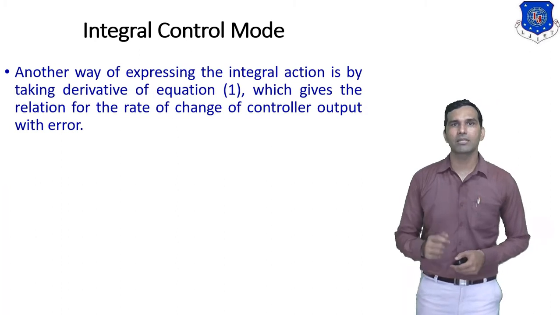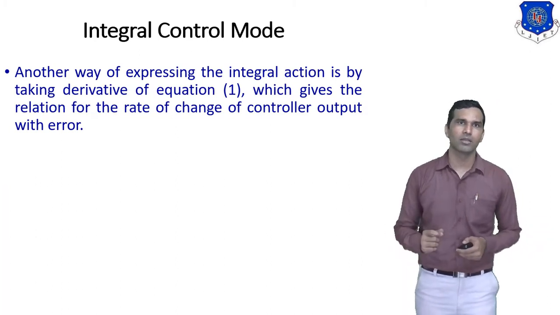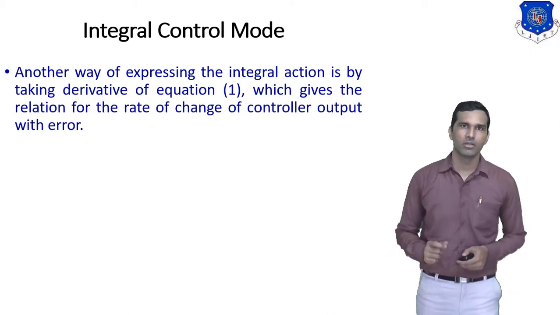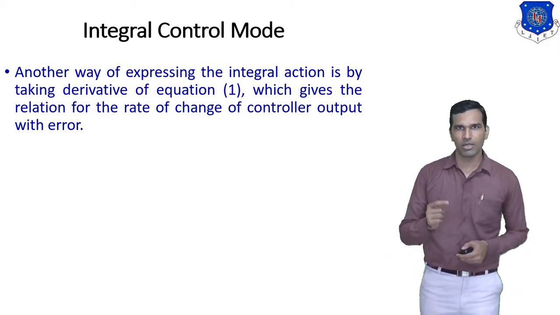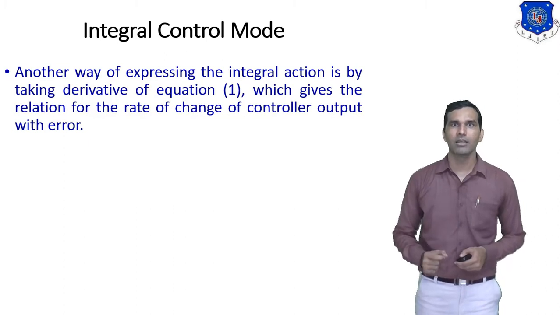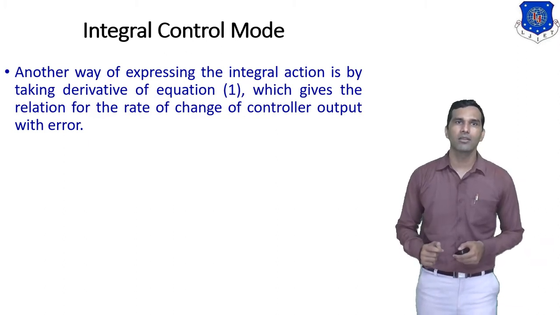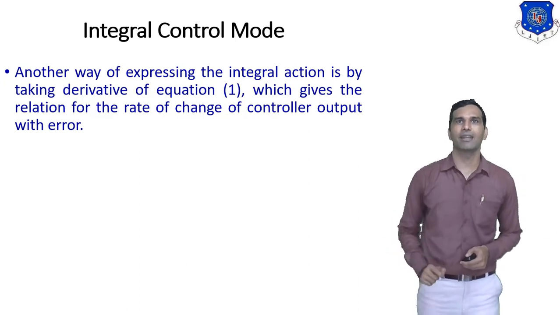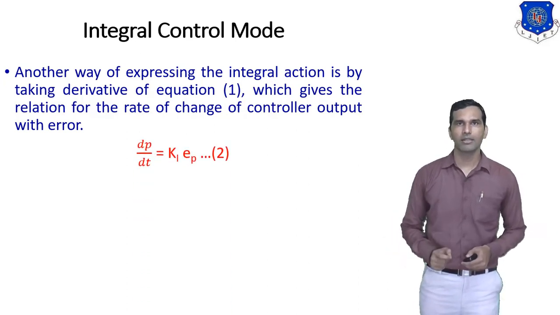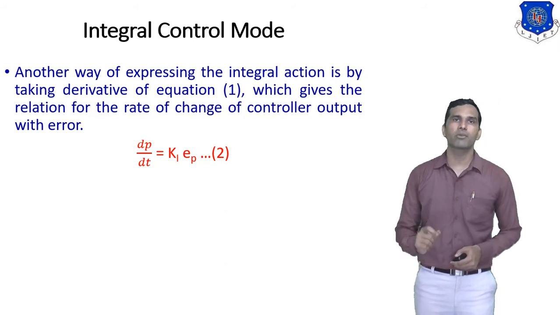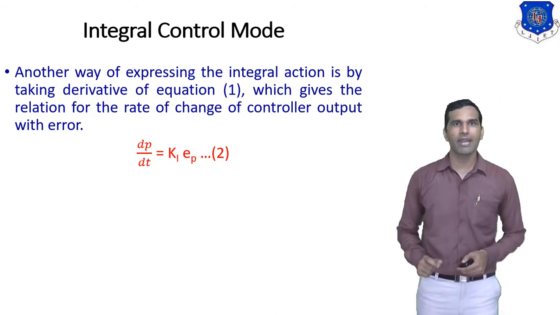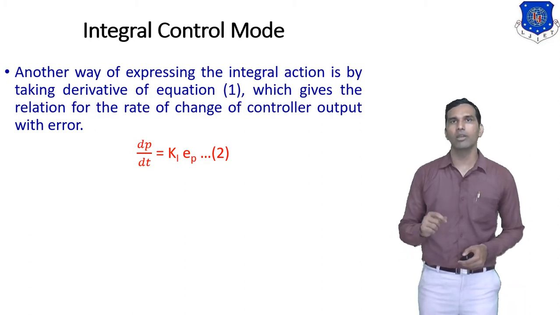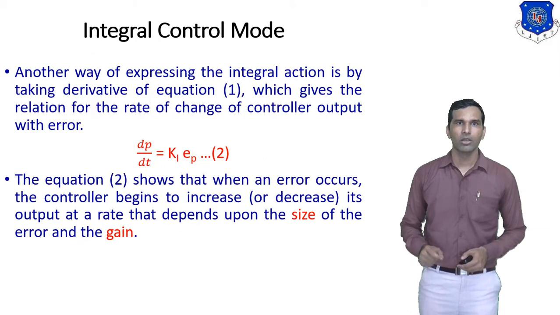Another way of expressing the integral action is by taking the derivative of equation 1. We discussed equation 1 in my previous slide, which gives the relation for the rate of change of controller output with error. So we get dP/dt equals Ki times e_p.